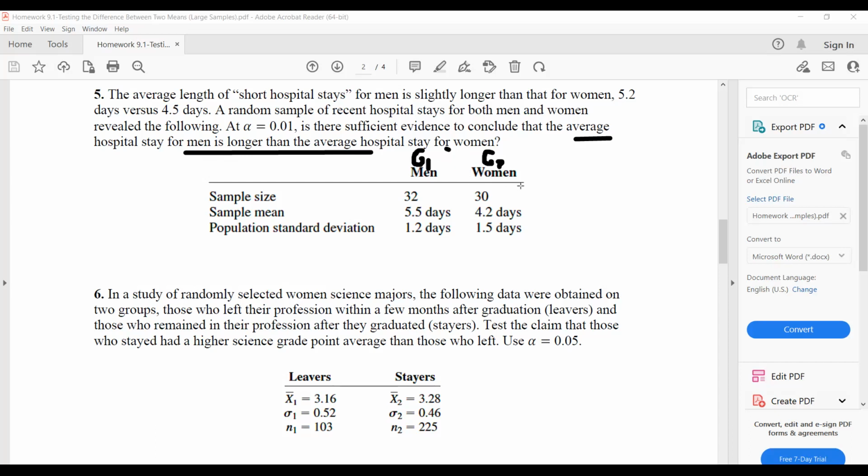That's why you need to specify, because you need to make sure that whatever group the men is, whether it's group 2 or group 1, you're saying that their mean is bigger, or that you believe their mean is bigger. So in this case, go back to our lovely whiteboard again.